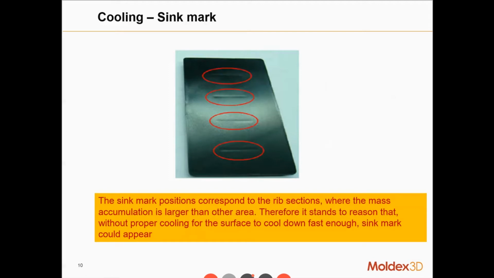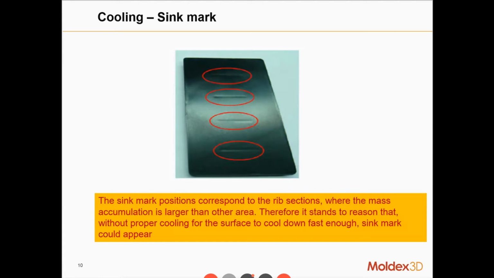The other thing is the sink mark. Now, this is the plate that we have used in the experiment. On the backside of these four regions that have been circled with red marks, there are ribs. Okay, so you can imagine in this junction with ribs, there is actually more volume, more mass of plastic material in this region.